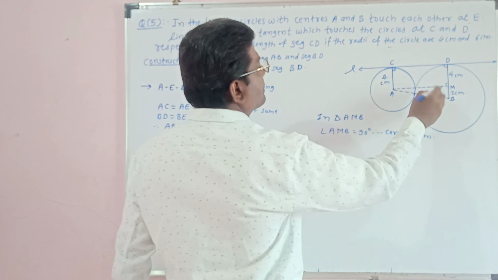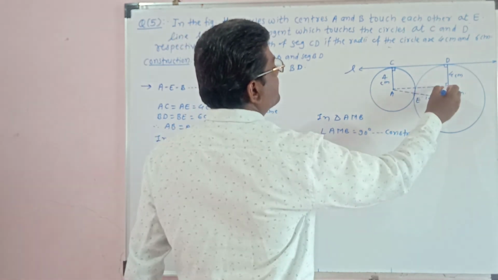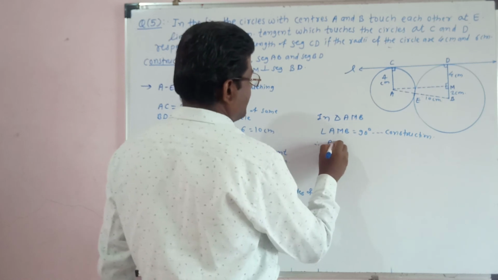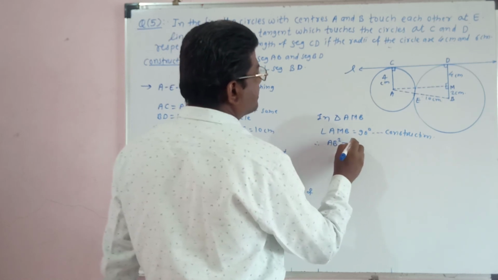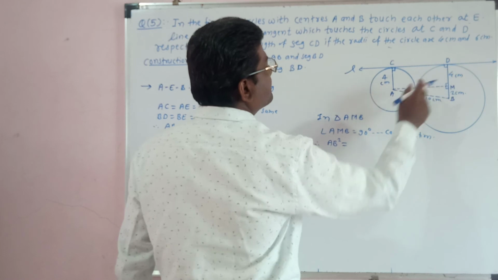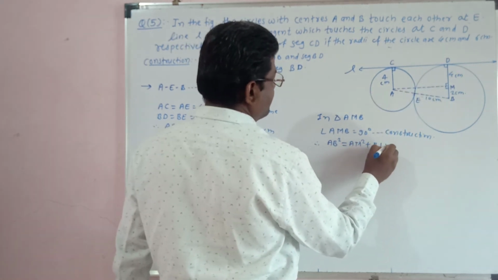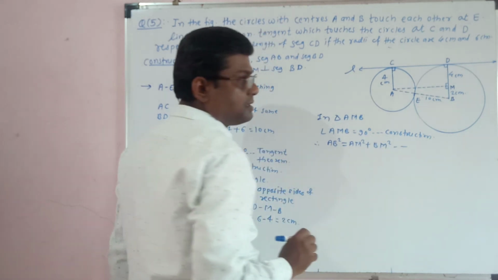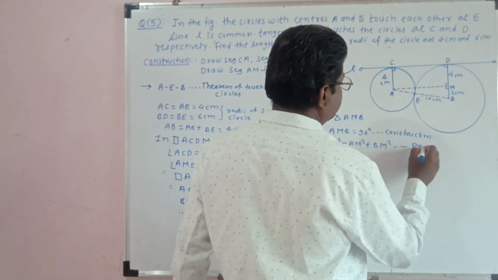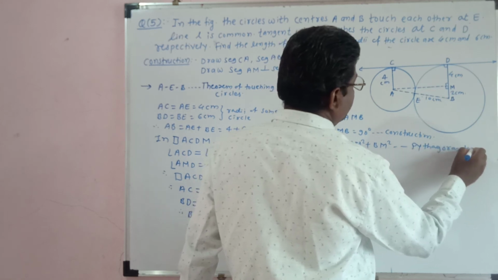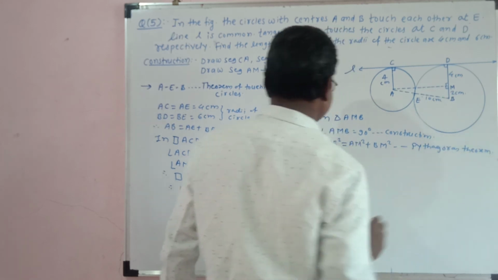The side opposite to the 90 degrees is the hypotenuse. So, AB square is equal to AM square plus BM square. Reason is the Pythagoras theorem.